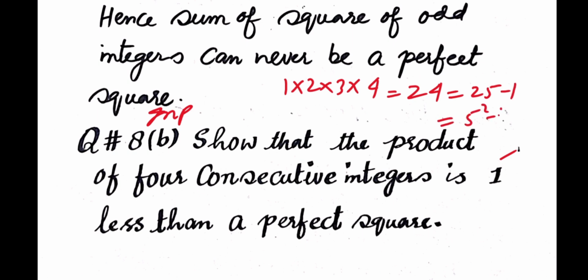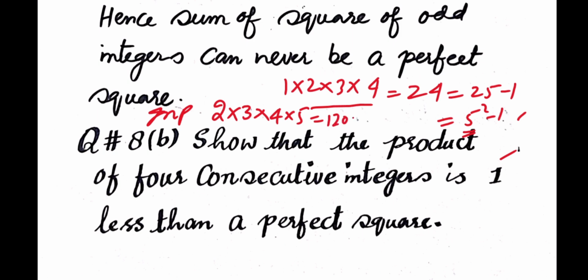square minus 1. And what does this show? This shows that 24, the product of the first 4 consecutive integers, is 1 less than a perfect square, that is 5 square minus 1. Similarly, if you consider the next product of 4 consecutive integers, 2 into 3 into 4 into 5, this is equal to 120.